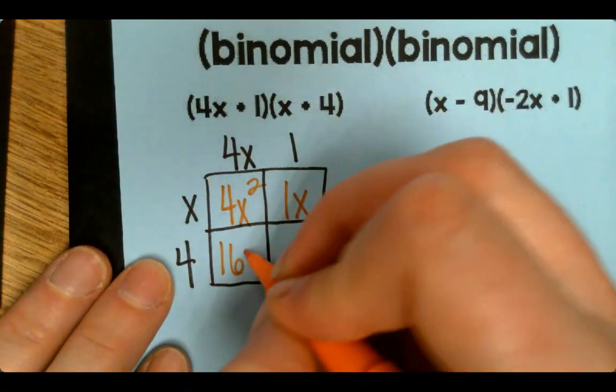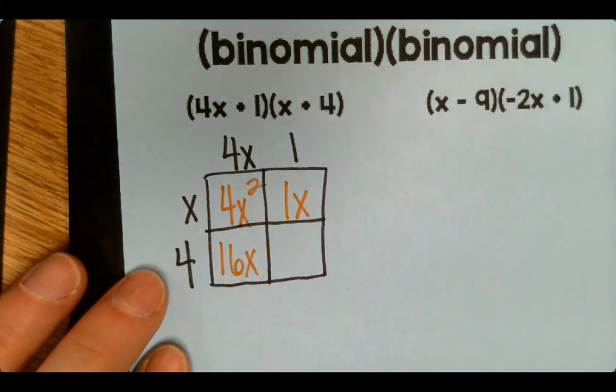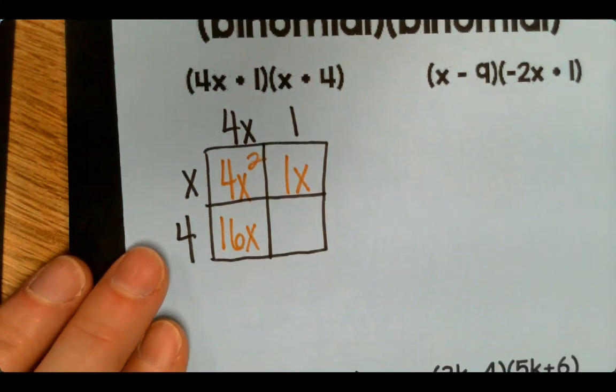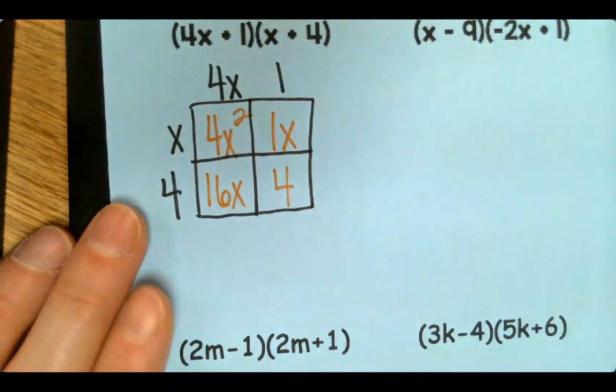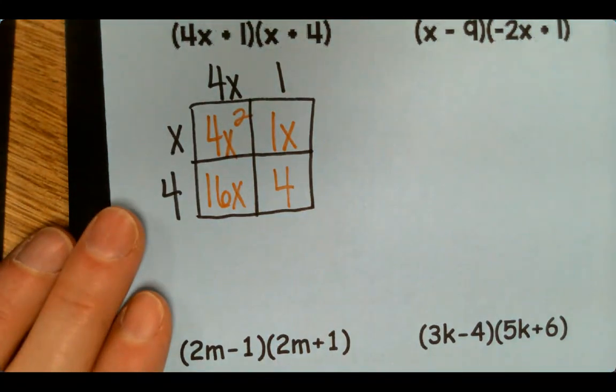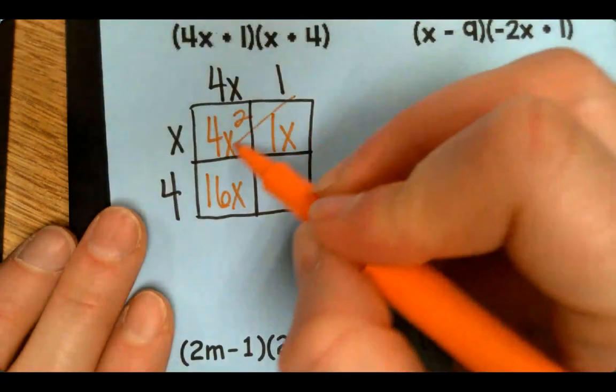That's good, 16x. Because you got to multiply those coefficients, and you just leave an x. And then 1 times 4, 4.